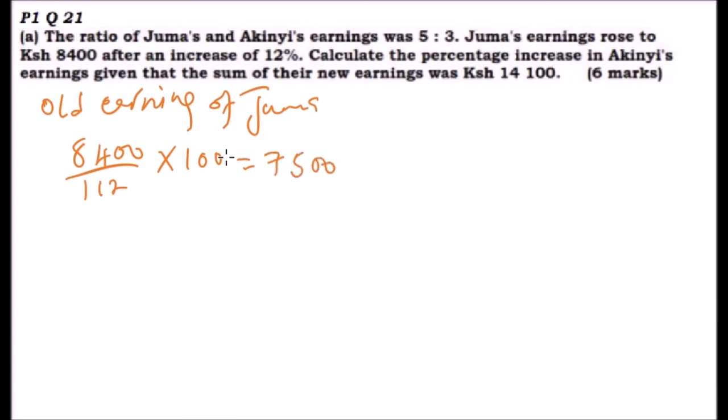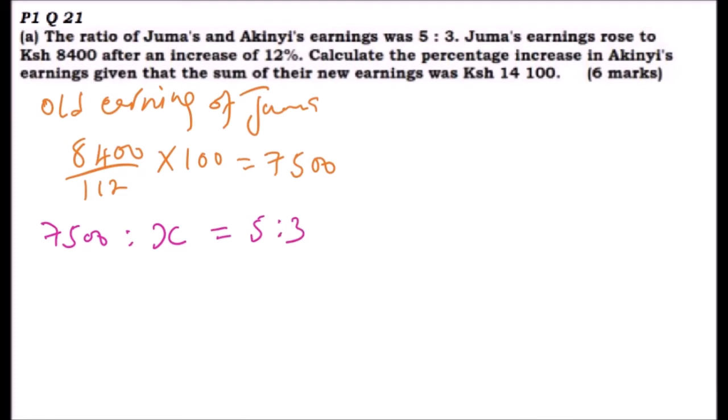So once you get that, since we have been given the ratio of Juma and Akinyi, you say the old salary of Juma was 7,500, and let the salary of Akinyi be X, it is equal to 5:3.